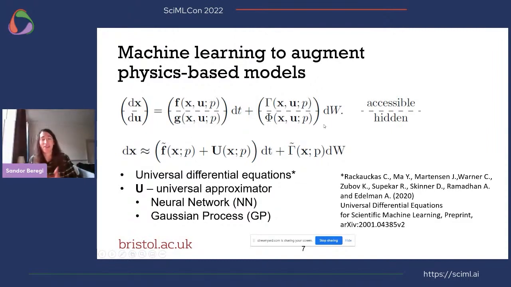So it's fairly safe to assume that there is always going to be a hidden part of the dynamics which we cannot model. So essentially what I do is consider a physics-based model for the accessible part and try to fine-tune it to make it as good as possible, and then add machine-learnable structure to compensate for the error between the measurement data and the smaller order physics-based model.